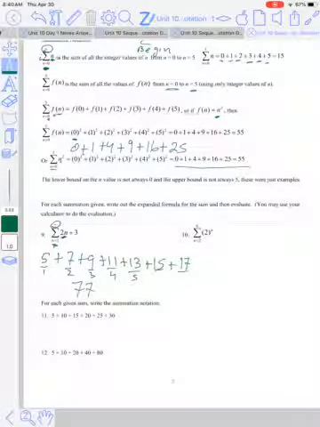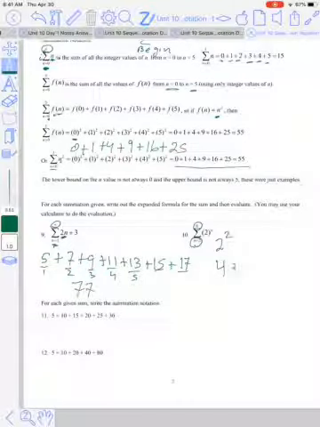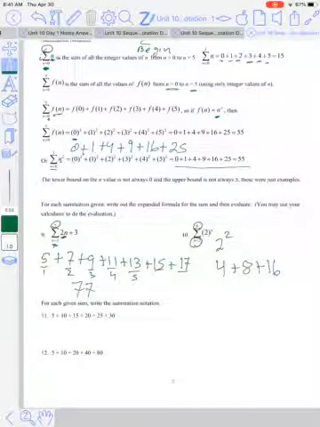Hold on a second. So now if I look at number 10, my lower bound is 2. My upper bound is 6. So I'm going to start out by putting 2 squared. Well, 2 squared is 4. Plus, then I put in a 3. 2 cubed is 8. Plus, I put in a 4. 2 to the 4th is 16. Oh, wait a minute. I see what's going on here.